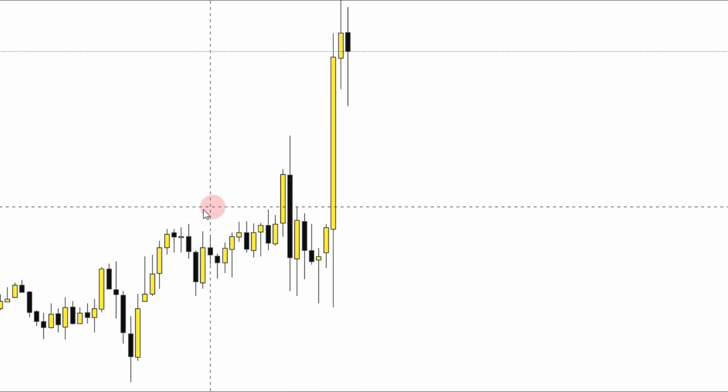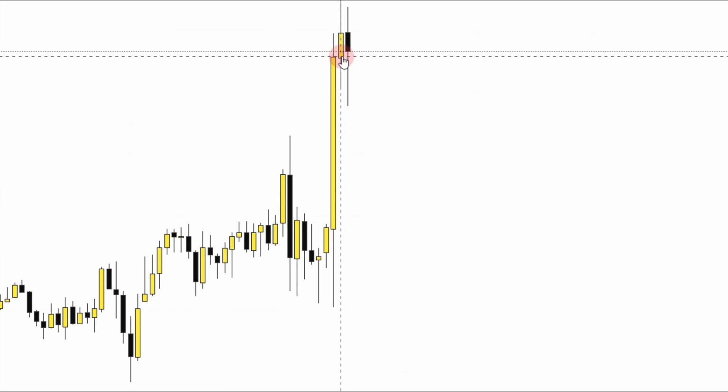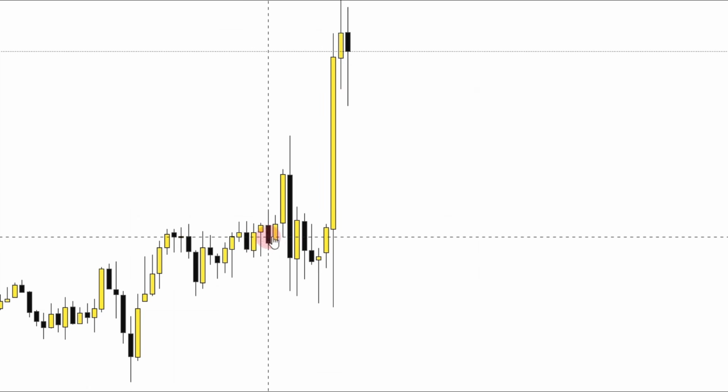So there is an indecision here before an aggressive move to the upside. Before the bulls pushed the market to the upside, there was an indecision here. So we mark this as a demand zone. Why? Because there was a fight between the buyers and the sellers, but the buyers won and pushed the price to the upside. When the buyers win, we mark this as a demand zone.